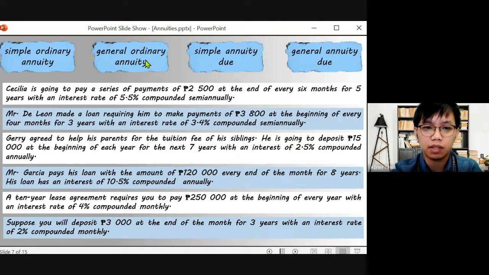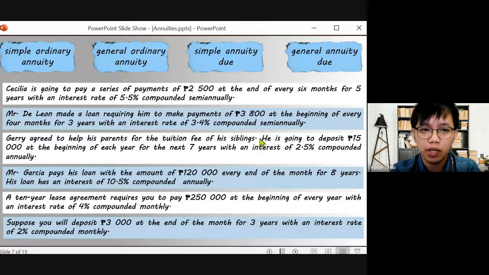So discard na natin ang general dito. Is it annuity due or ordinary annuity? Sabi dito at the end, so yung date of payment is at the end. Therefore, it is ordinary annuity. So the answer for the last one is simple ordinary annuity. So that is our last example.